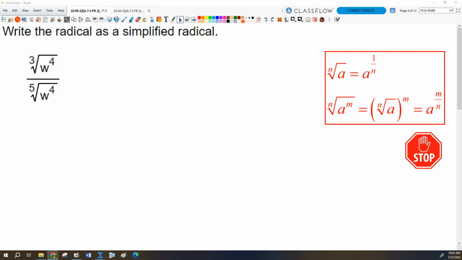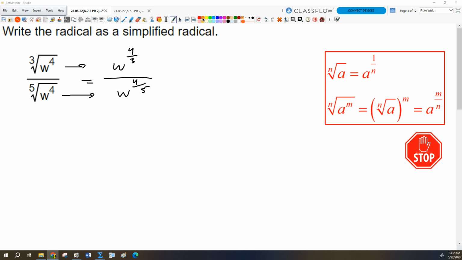Okay, so first step, great idea, is we want to convert these into rational exponents, right? So we can use our properties of exponents. Good. So on the top then, this guy is just going to become w to the 4/3 divided by, this guy becomes w to the 4/5.